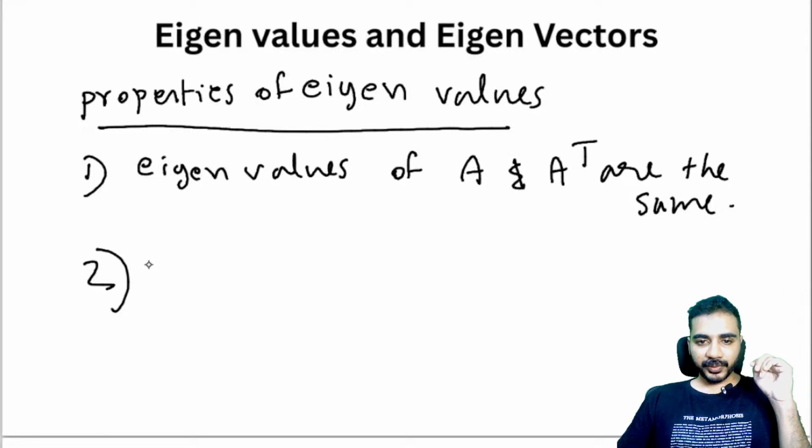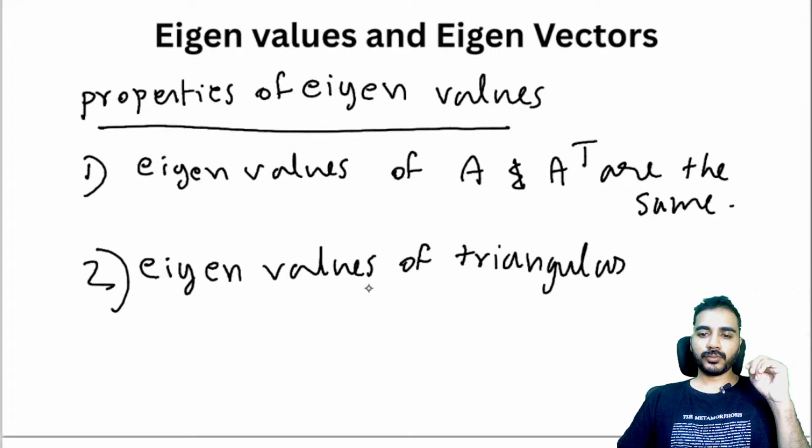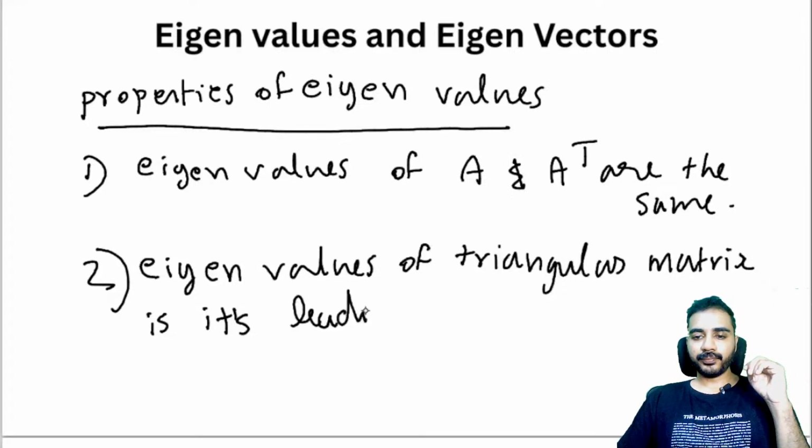Then, the eigenvalues of a triangular matrix are its leading diagonal elements.